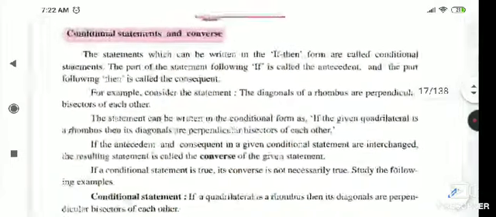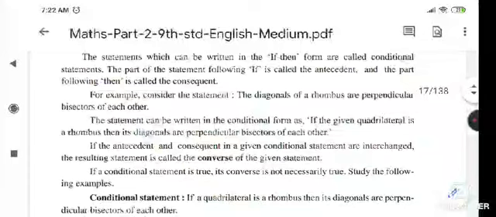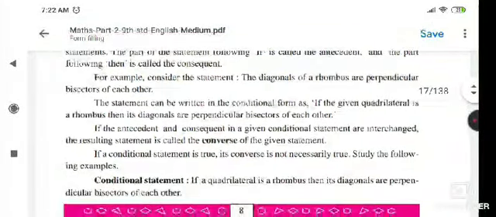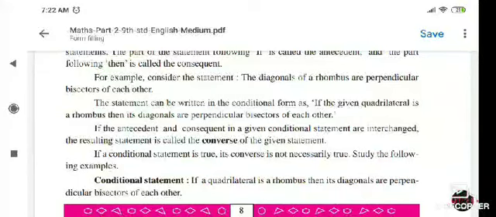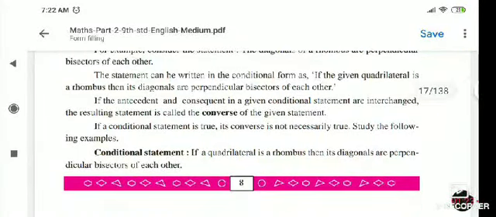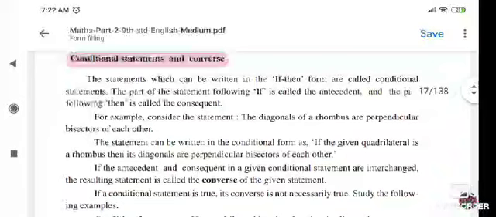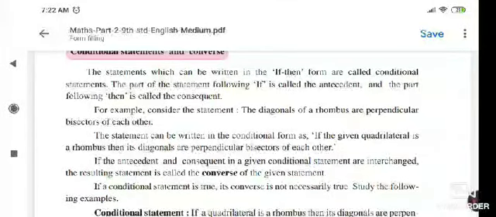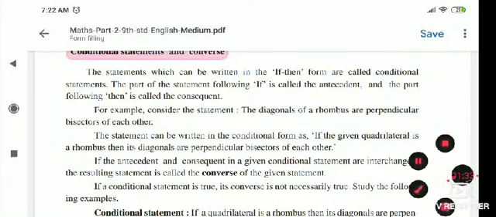And one more thing is that the part of the statement which follows if is called the antecedent, and the part which follows then is called the consequent.